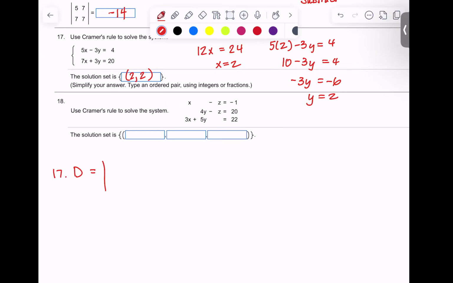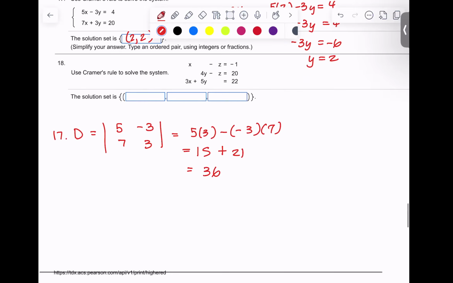So you just remove the x's and y's and put the coefficients in. 5, -3, 7, 3. Okay, so that's going to be 5 times 3 minus, and you're going to multiply -3 times 7. So it's going to be 15 plus 21, which is 36.